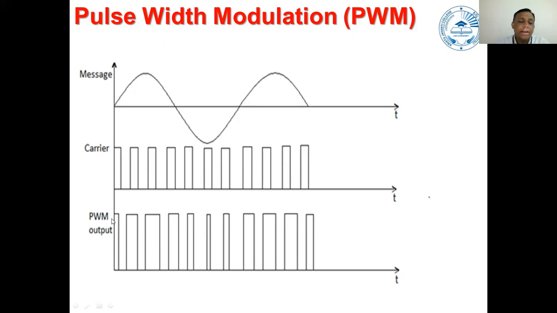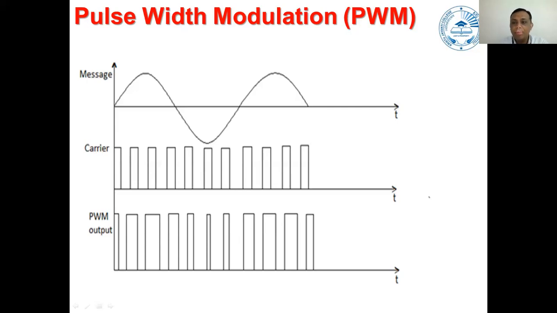In it, the amplitude of the pulses is constant, and the starting point of the pulses is also constant. We are not changing the starting point, which is with respect to the carrier signal itself. The only thing we are changing here is the width of the pulses. Therefore, we call this pulse width modulation.